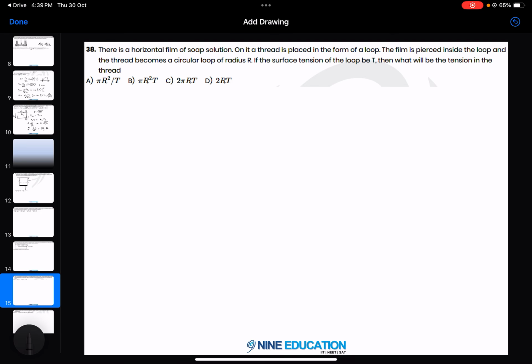Moving on to the next question. We have a film of soap solution and a thread is placed which will become circular. So we will take a very small part on that circle. Tension will be along the string, along this circle.